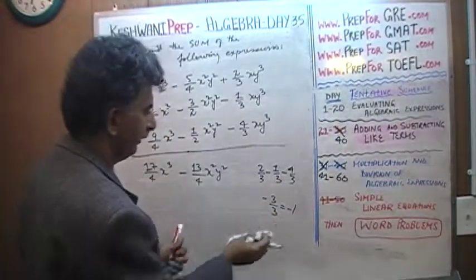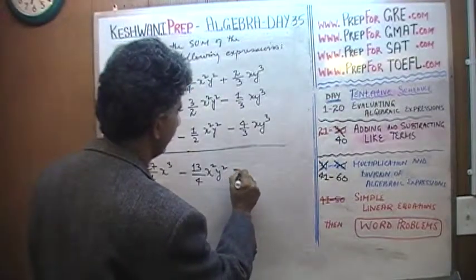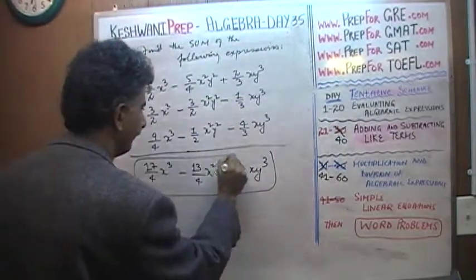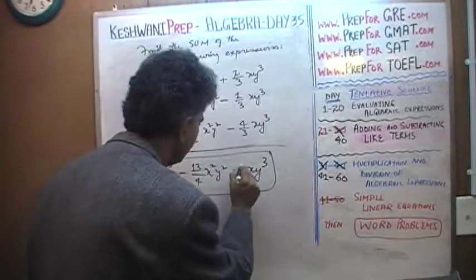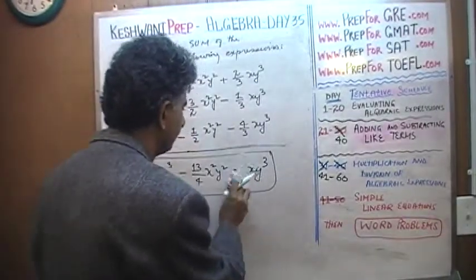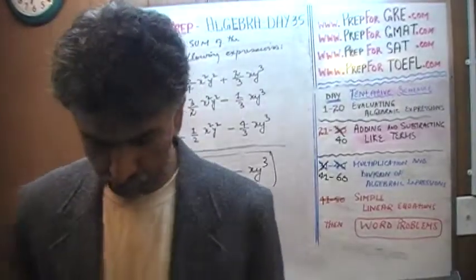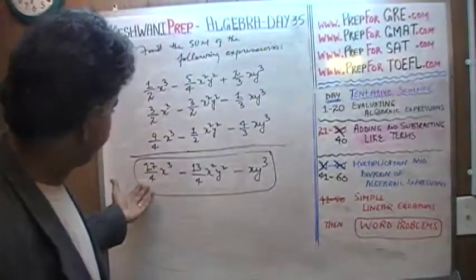Oh, this is very simple. So the coefficient is just -1, which means it's just negative x times y cubed. That's your final answer. Of course we don't write the 1. Everybody understands that if there is no coefficient written in front, it's 1. That's it.